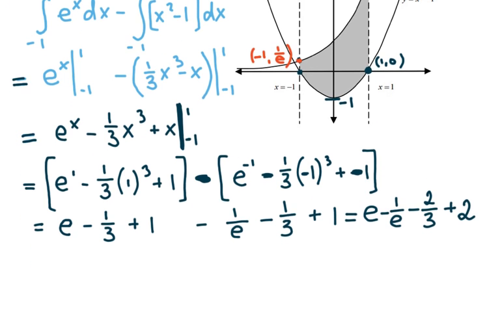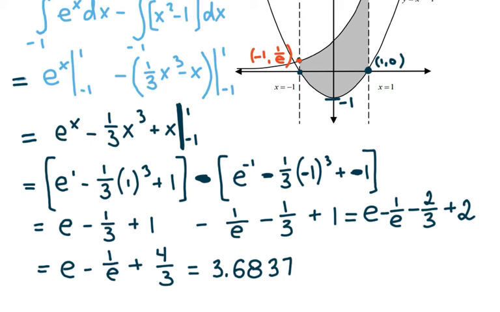So the final result in this problem is e minus 1 over e plus 4/3. And if you calculate the final value of this, we will have 3.683736 as the final answer.